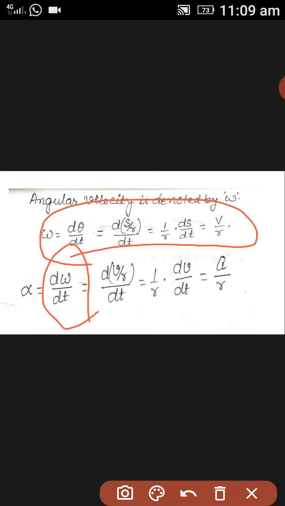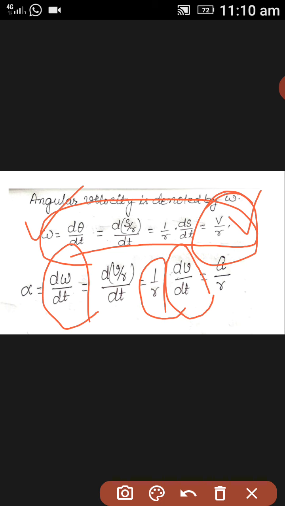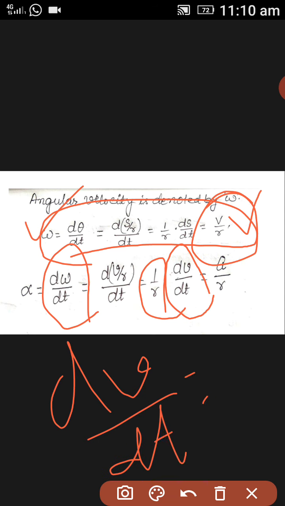Hence, in place of omega, we put here v by r, since omega is equal to v by r. Then again r is constant, comes out, and differentiation of velocity with respect to time, dv by dt, will be a. Then alpha is equal to a by r.